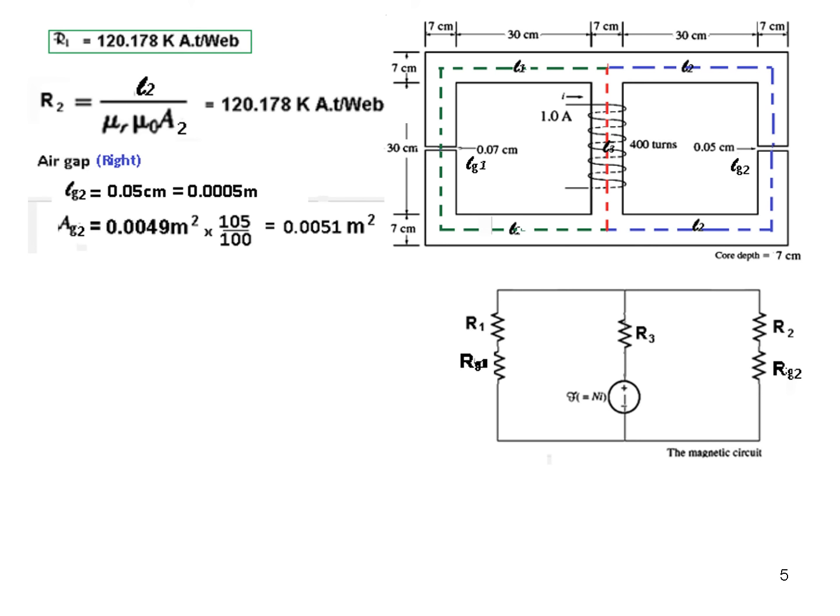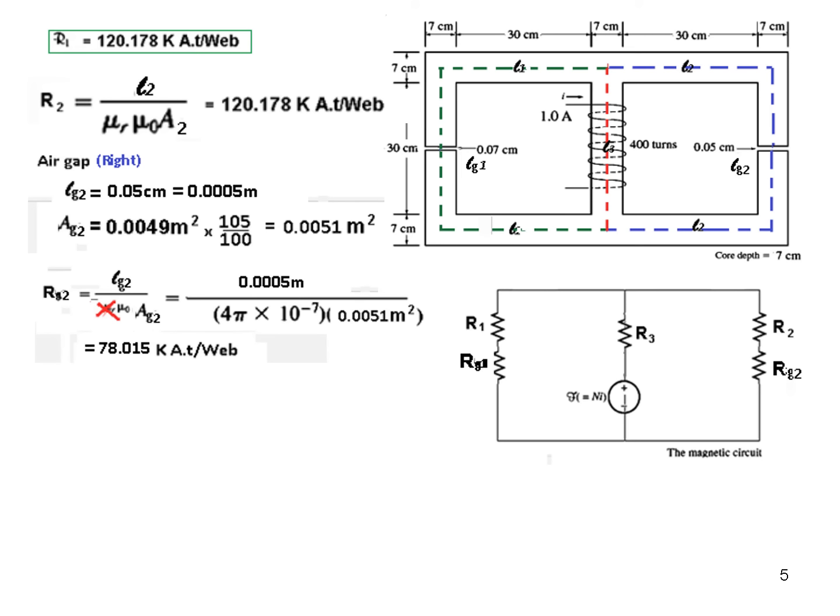However, the reluctance of the air gap on the right hand side will be different because this length is different. Here it was 0.07, here it is 0.05. So the length is different, the area remains the same as we calculated here, 0.0051, and plugging in the values, this is the reluctance of the right hand side air gap, or R2.